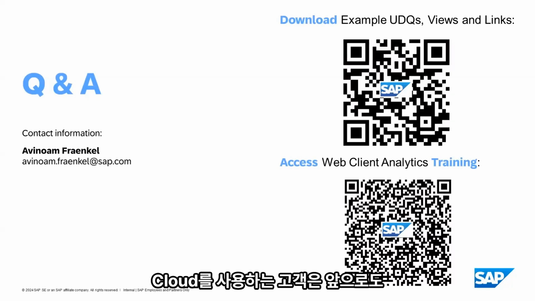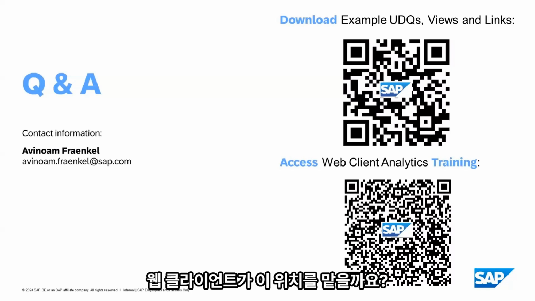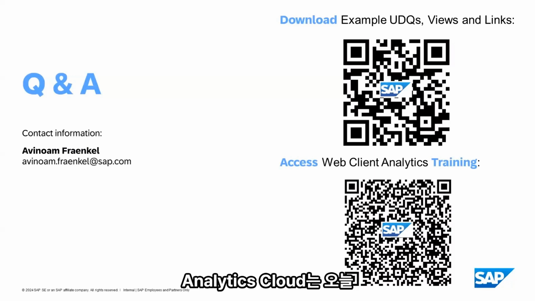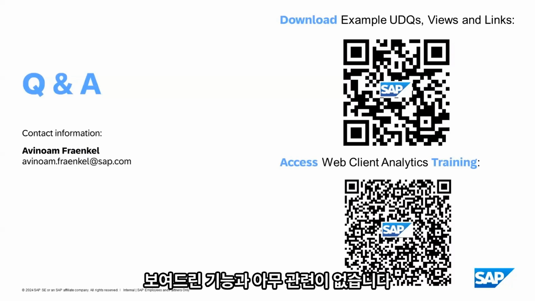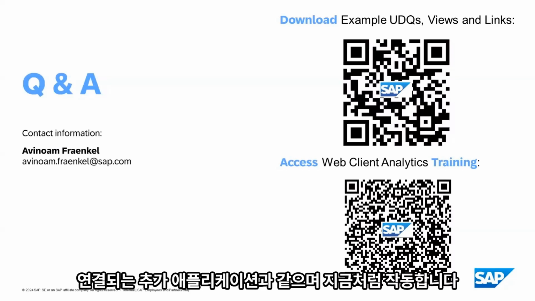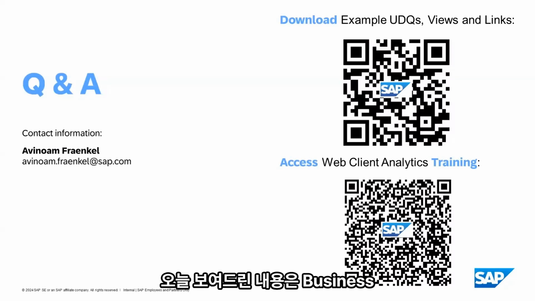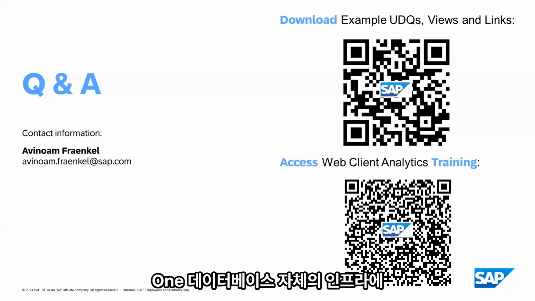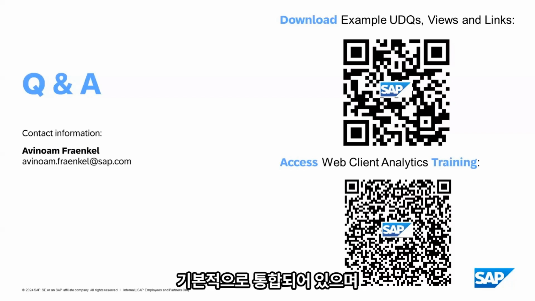Okay. Will customers using SAP Analytics Cloud integrated with SAP B1 need to keep this solution in the future, or will the web client assume this position? Right. SAP Analytics Cloud has nothing to do with the functionality that I showed you today. SAP Analytics Cloud is an additional application that connects with Business One, and it works in the way that it works. What I've shown you today is natively integrated within the infrastructure of the Business One database itself, and as a result, it has certain advantages.